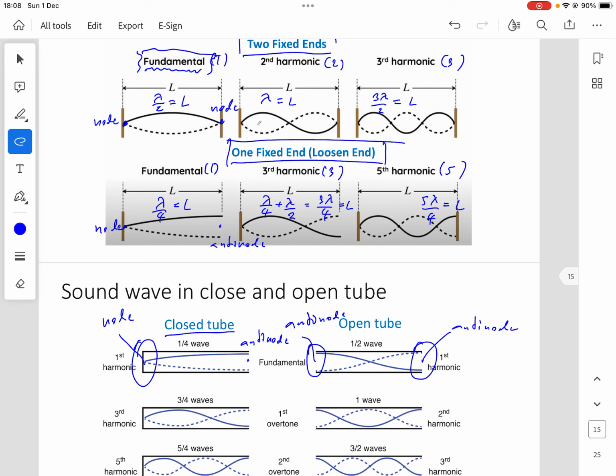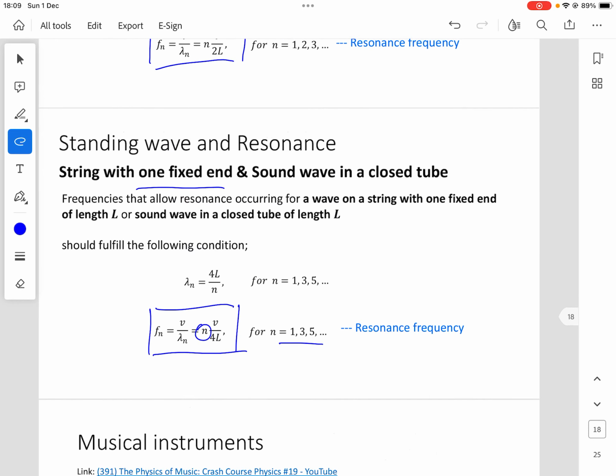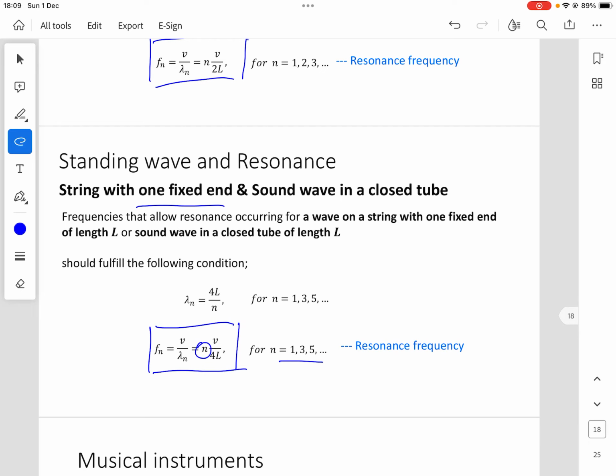You compare the closed tube with the loose end or one fixed end string. You see they have exactly the same structure when we change from the first possible shape to the second possible shape. So they both get the first, third, fifth, seventh harmonic, and they get the same formula for each possible harmonic.